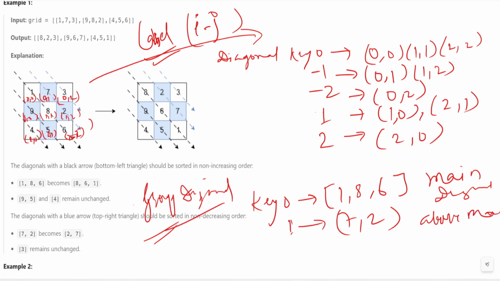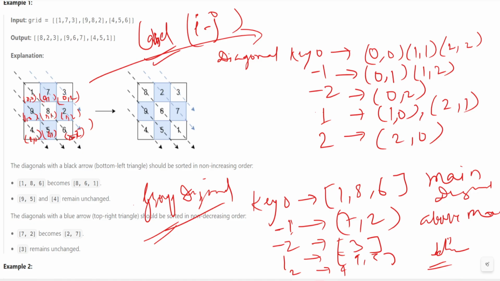Similarly we'll do -2, and it will give you 3, above the main, we can say. Then we have key 1, and it gives 5, below the main. And in the last we have key 2, which is 4, and it is below the main.